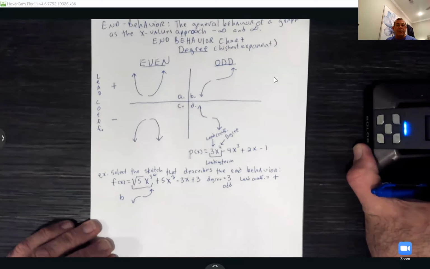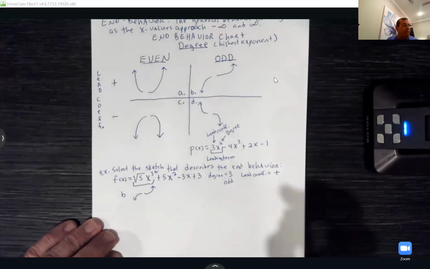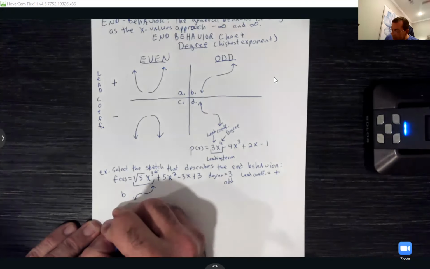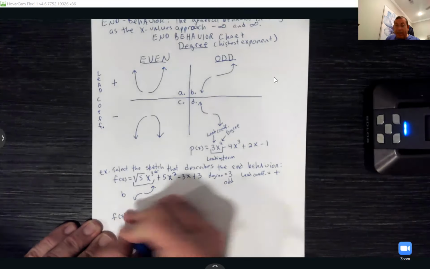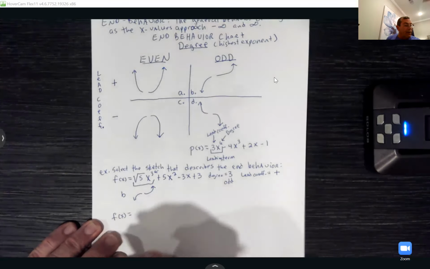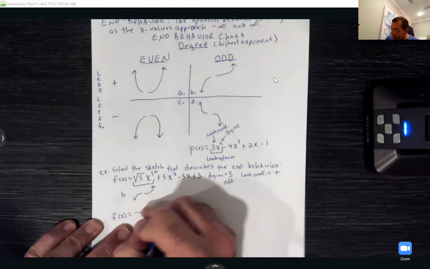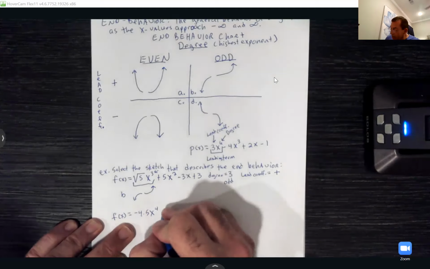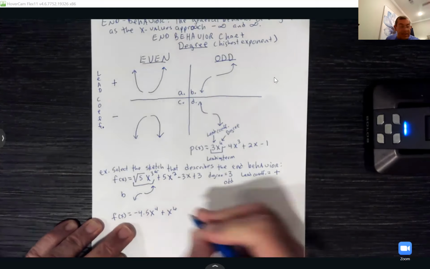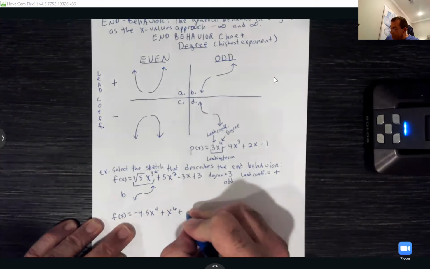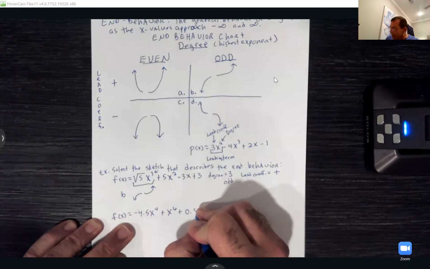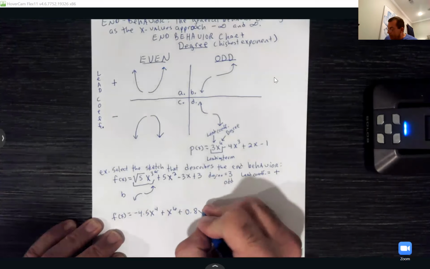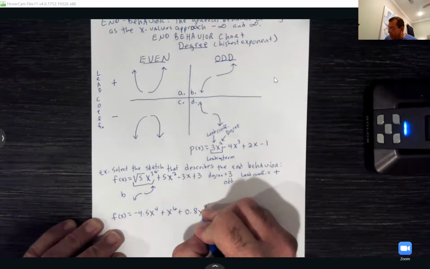All right, I'm gonna pull this down just a little bit to get another one here. All right, so doing the same thing, f of x equals negative 4.5 x to the fourth plus x to the sixth plus 0.8 x to the eighth.